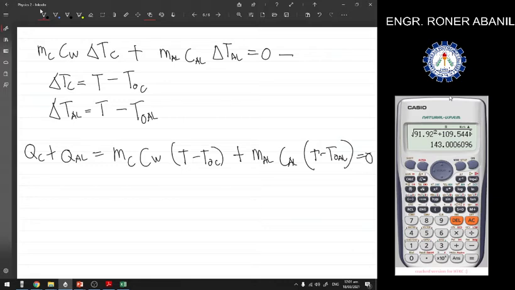Equate natin sa 0. Dito sa formulang to, pwede na tayong maglagay ng given natin, tapos i-shift solve natin sa T. Subukan natin.